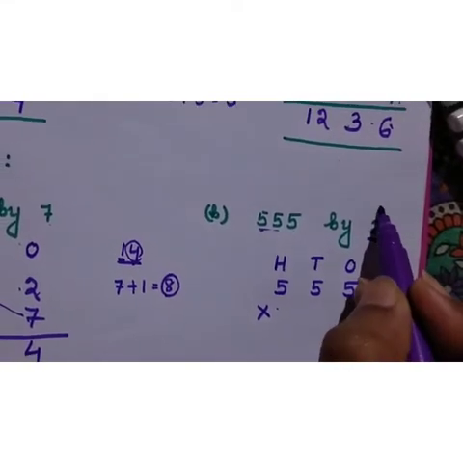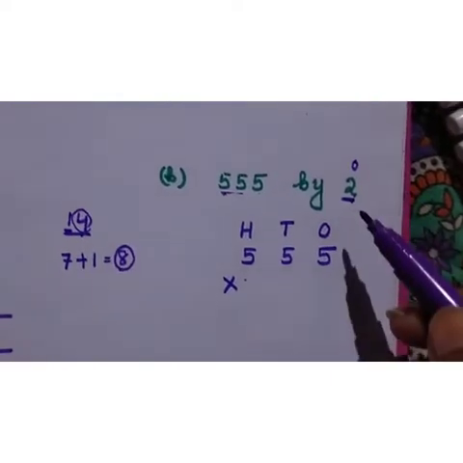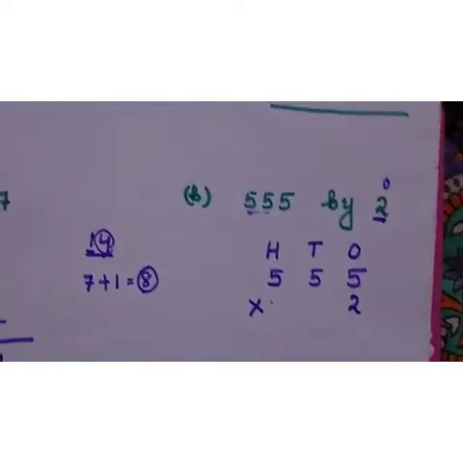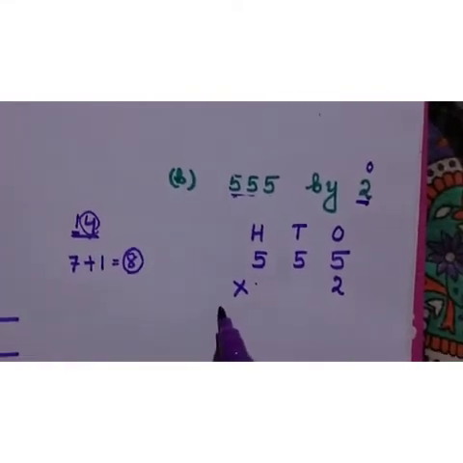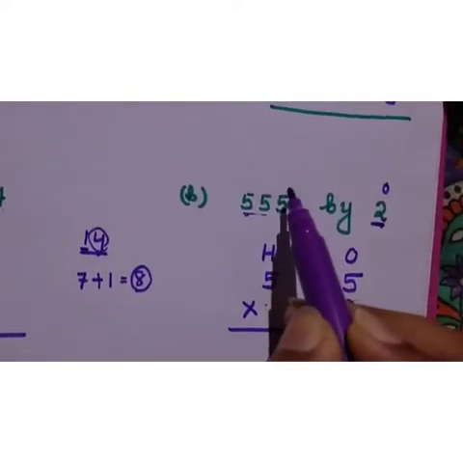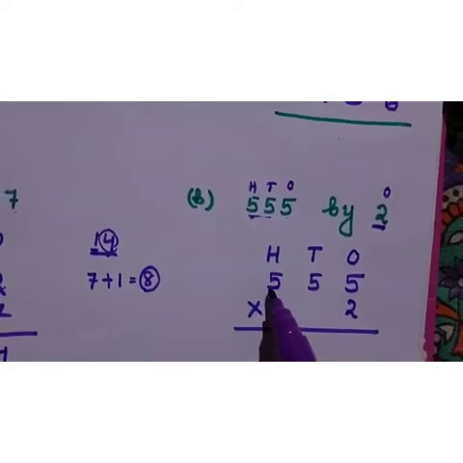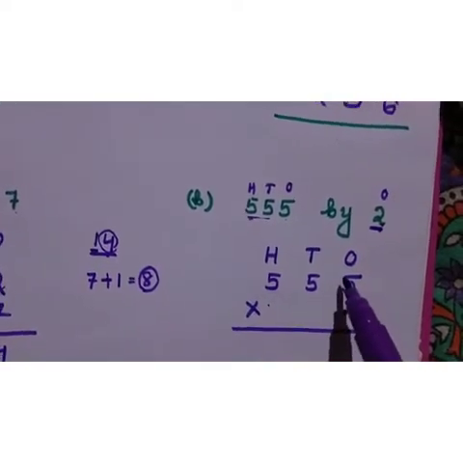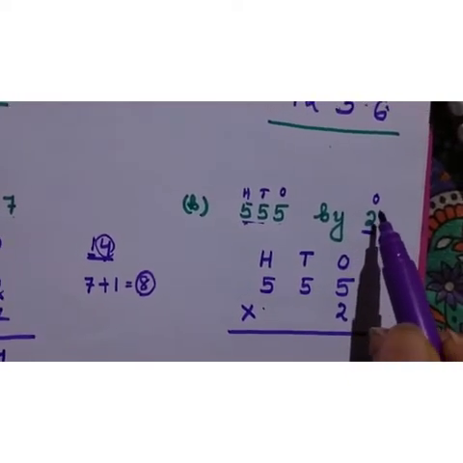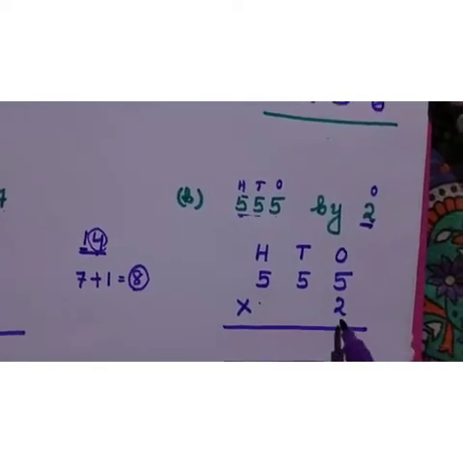No, 2 is a single digit, so it is in the ones place. That's why we write 2 under the ones column. Understood, students? Because the first number is a 3-digit number, that means ones, tens, hundreds, so we write 555 like this. Similarly, 2 is a single digit number, so it is in the ones place.